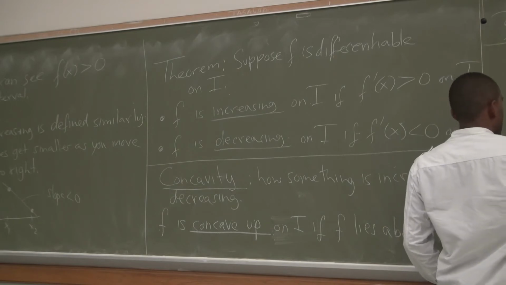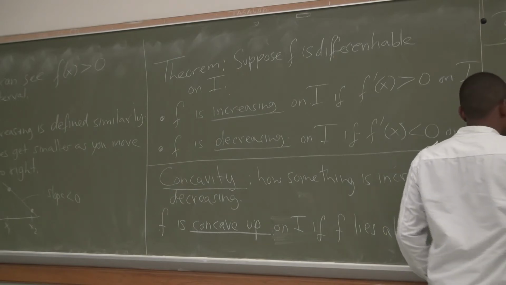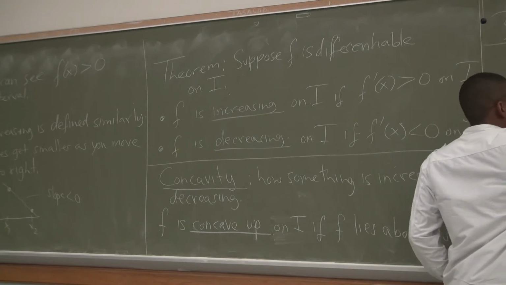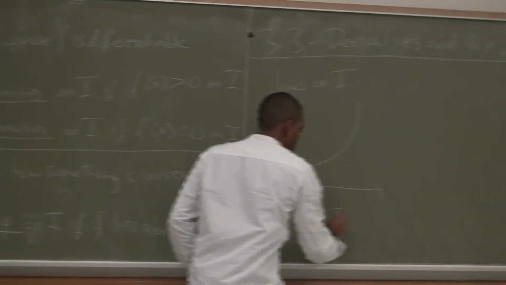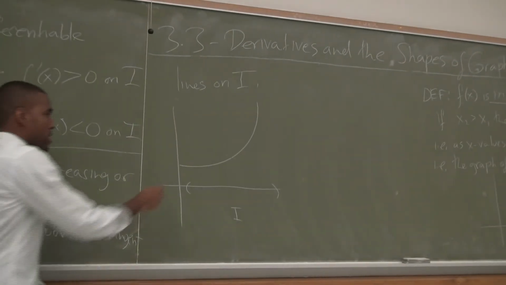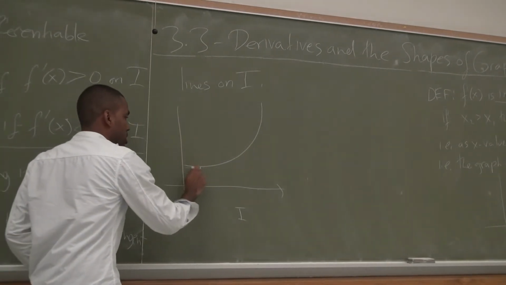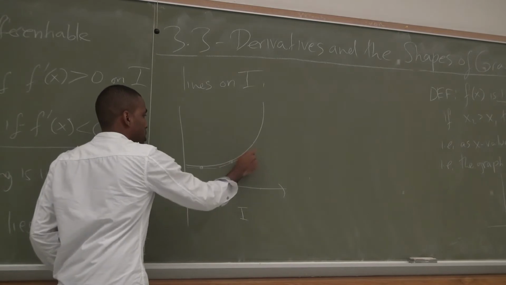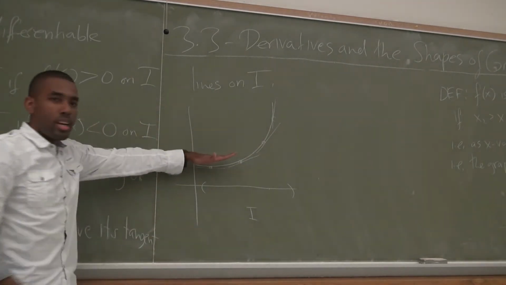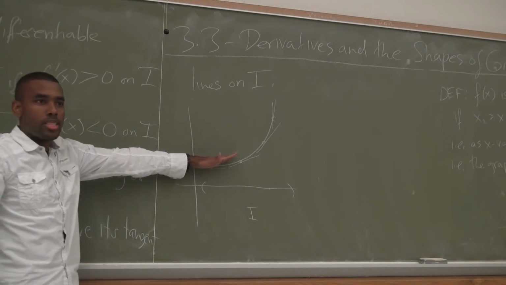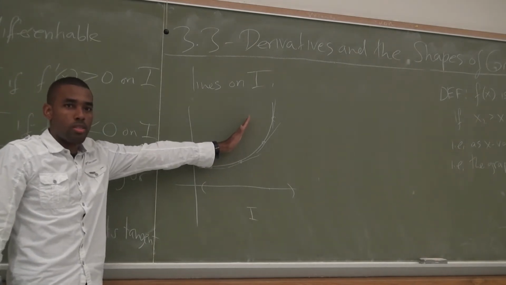An illustration of that would mean the following. Here's a function on some interval I. Notice that at any point, if I draw a tangent line here, or here, or here, the function is always standing on top of its tangent line. The tangent line is always under the function.